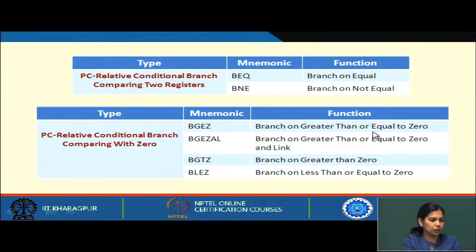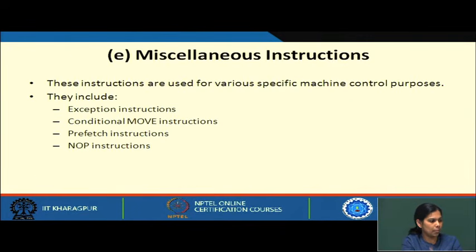So, branch on greater than or equal to 0, or branch on greater than or equal to 0 and link. We have a few: branch on greater than 0, branch on less than or equal to 0. So, we have various instructions that we may use for our programming constructs.